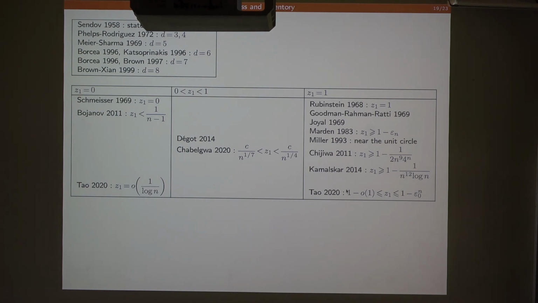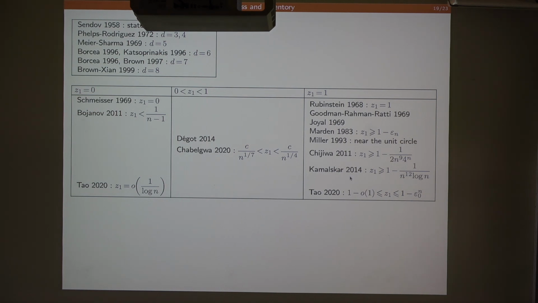He used the work of Dego in this regime, and for the third regime, when Z1 is between this and this, he proved the conjecture holds.